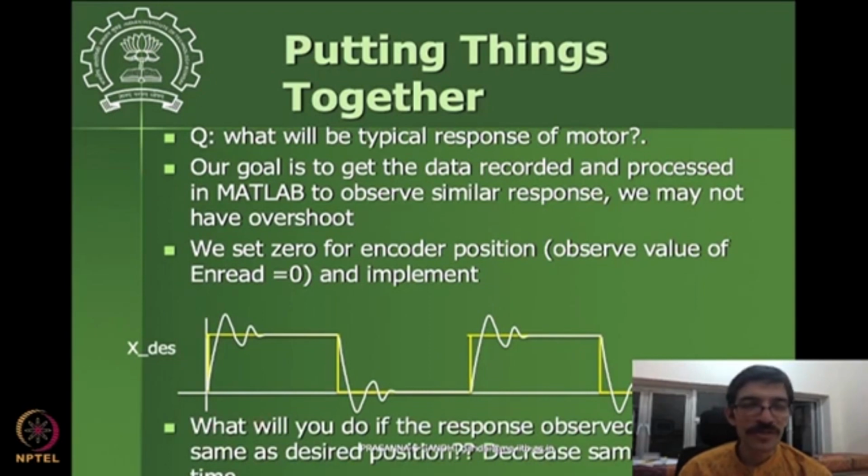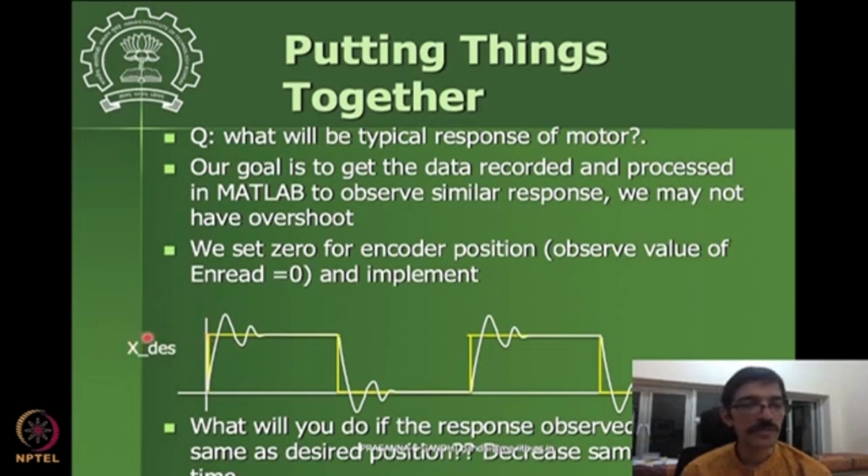It may so happen that you will find that your observed response is exactly the same as the desired position. You may not observe any undulations here, especially if you are observing just the speed of the motor. In the open loop, instead of x desired, it's like a PWM which is given some duty cycle. Not really PWM, but speed.